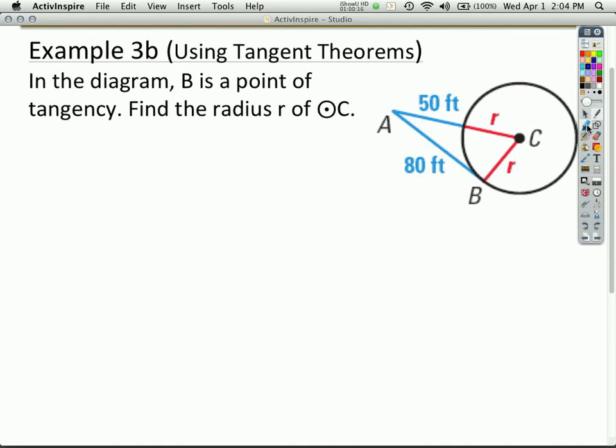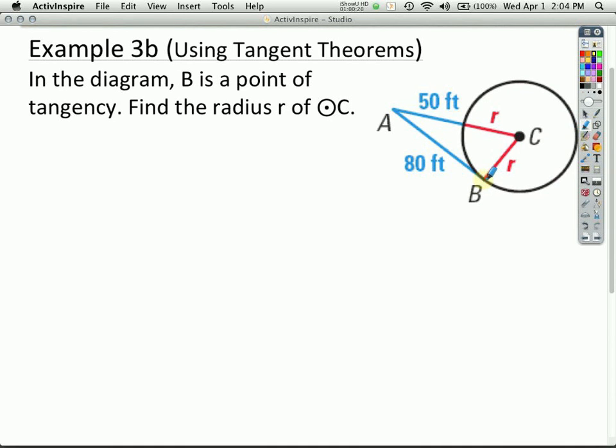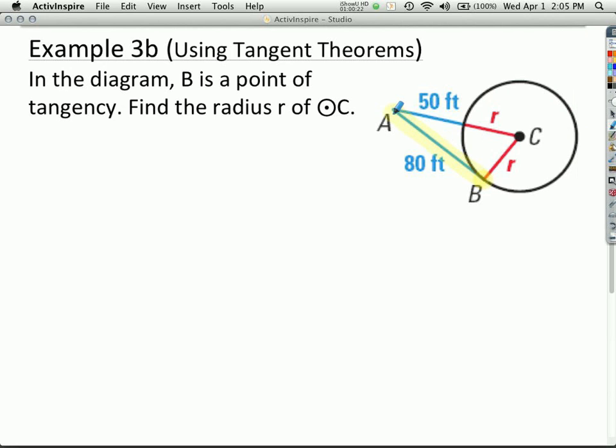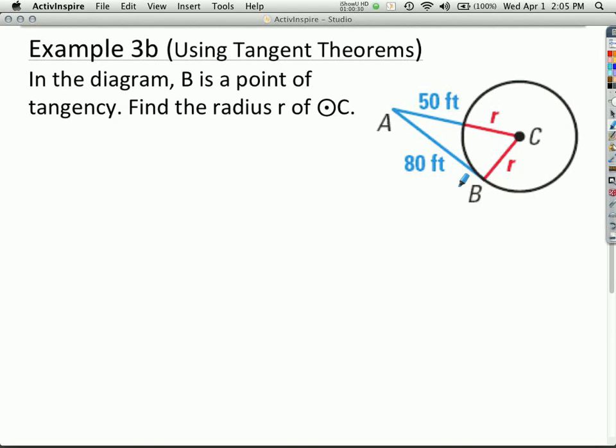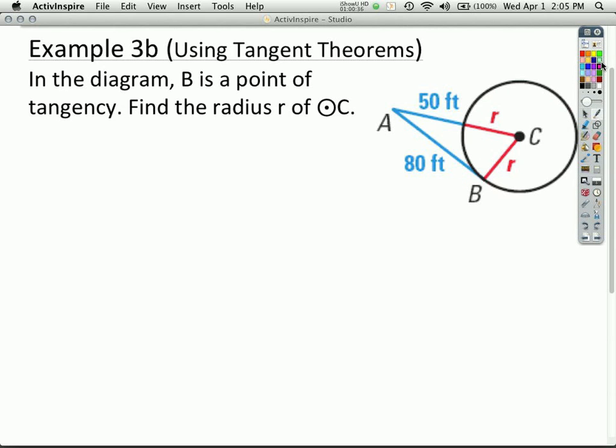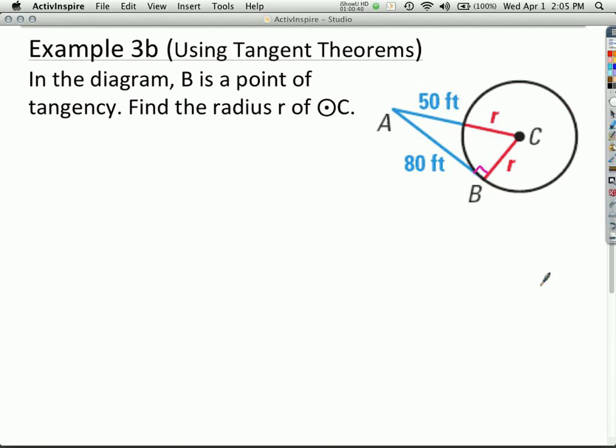So if it's a point of tangency, that means that this line is a tangent, which tells us that this is what type of triangle? Kayla? That's a right triangle. So we could add this little detail right here to say that that's a right triangle.